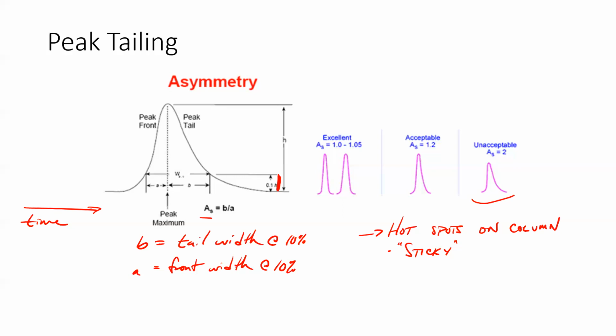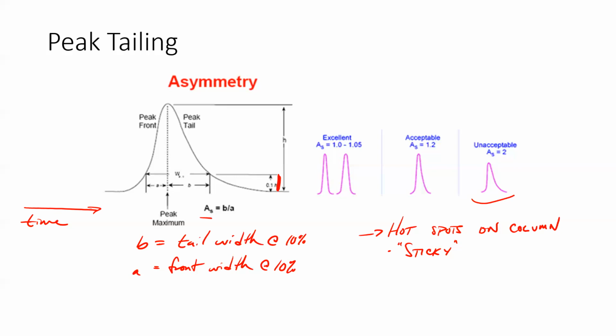Okay. Another thing that we sometimes have to deal with when we talk about fronting and tailing is if we have a sticky spot and one analyte from a previous run hasn't left that spot, right?